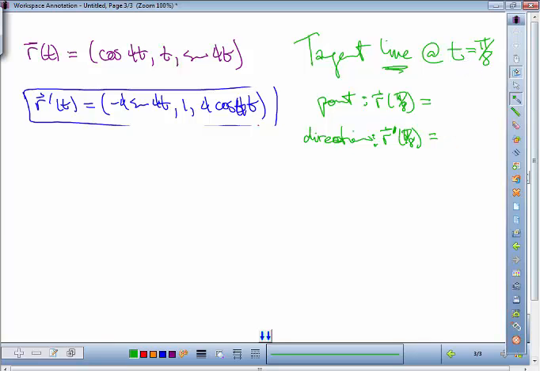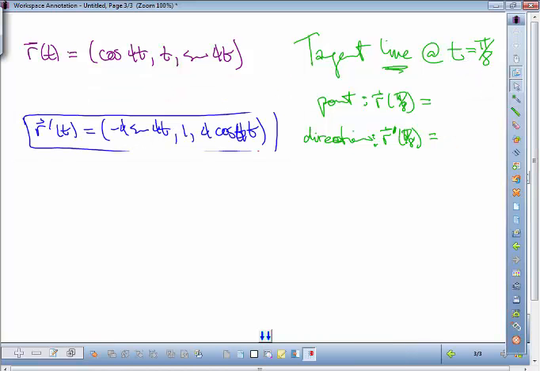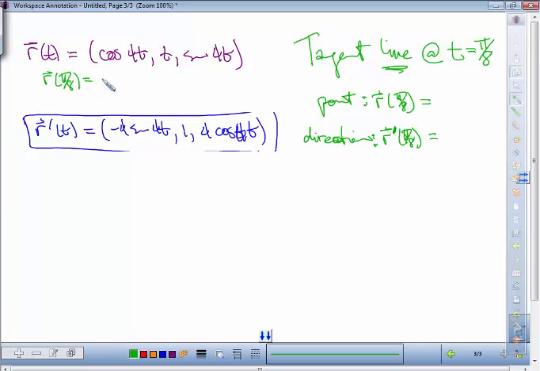So what's r of pi over 8? You've got cosine of 4 times pi over 8. That becomes pi over 2. Sine of pi over 2. Pi over 2? I wanted pi over 4. Oh well. So cosine of pi over 2 is 0, pi over 8, and 1.